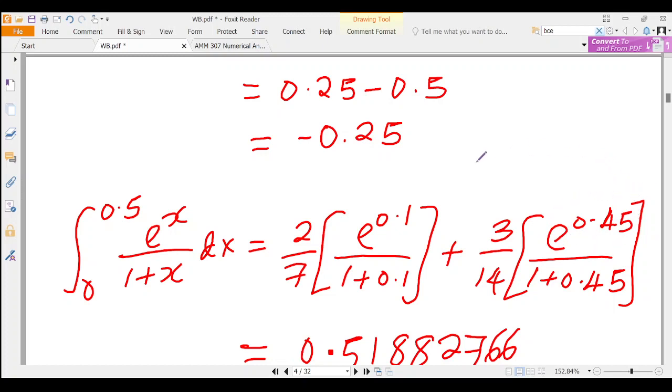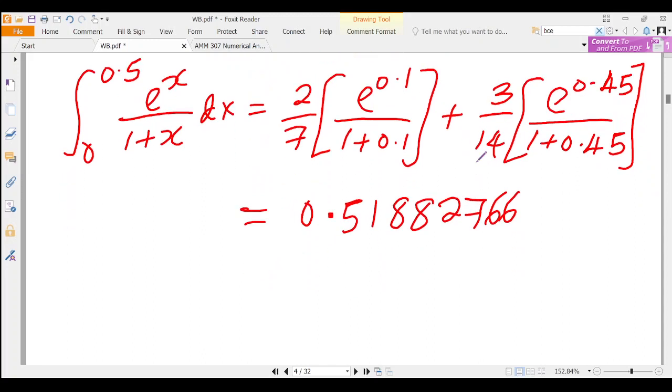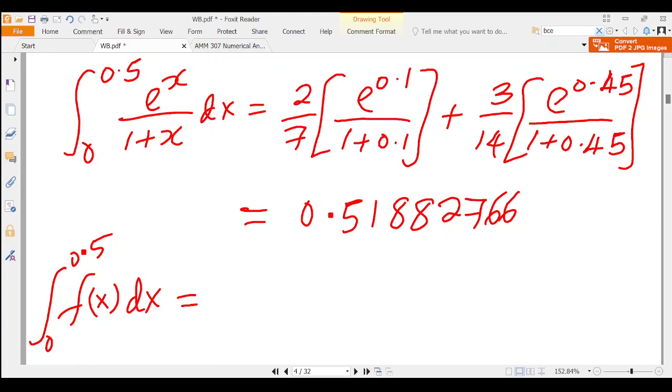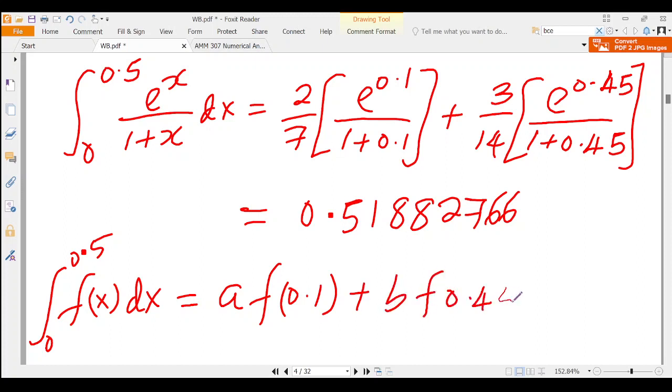We picked the values because for the formula, we have the integral from 0 to 0.5 of f of x dx. We started by writing a f of 0.1 plus b f of 0.45. Now the nodes 0.1 and 0.45 are picked at random between 0 and 0.5, so they should be within the limits of integration.